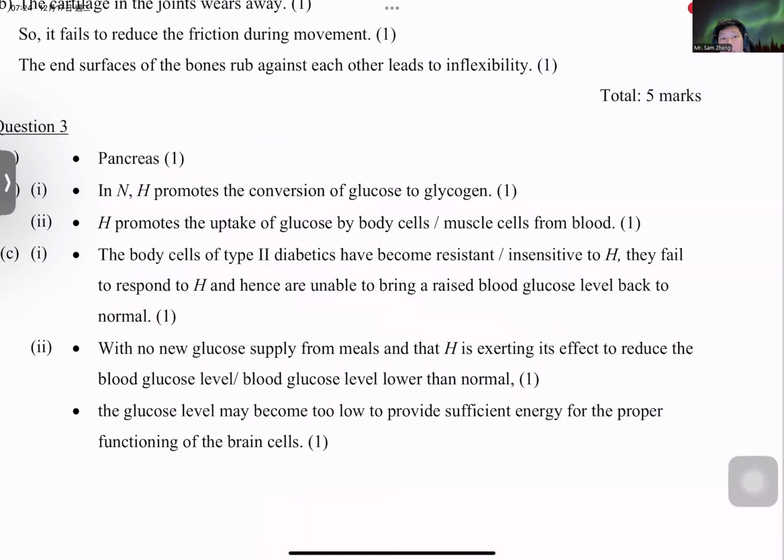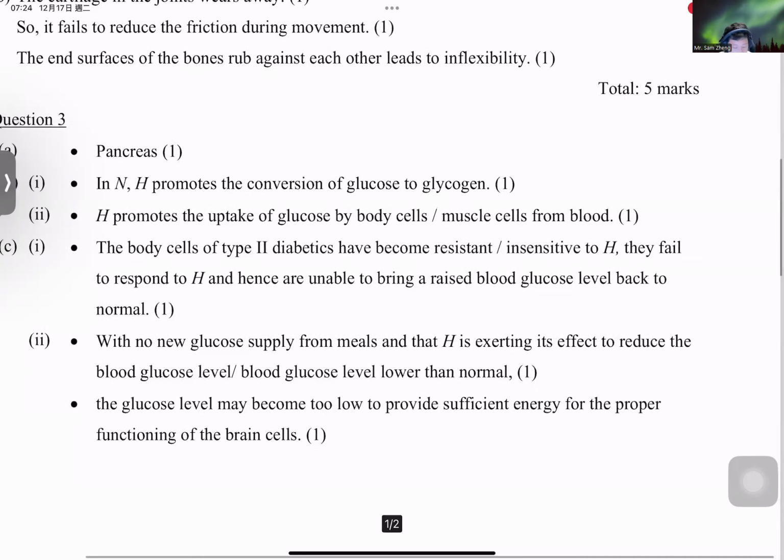Because in type 1, we are producing insufficient insulin, so we need a very long time to lower the blood glucose level. However, in type 2 we are insensitive. So no matter how high, we need a higher insulin level in order for our organs to respond and bring the raised blood glucose level back to normal.